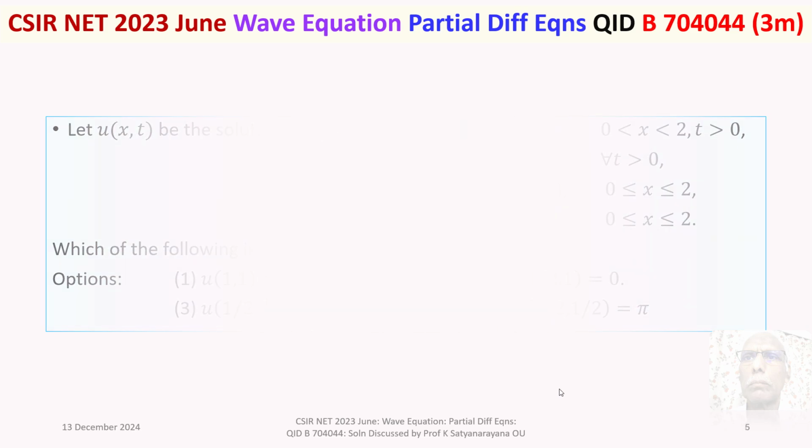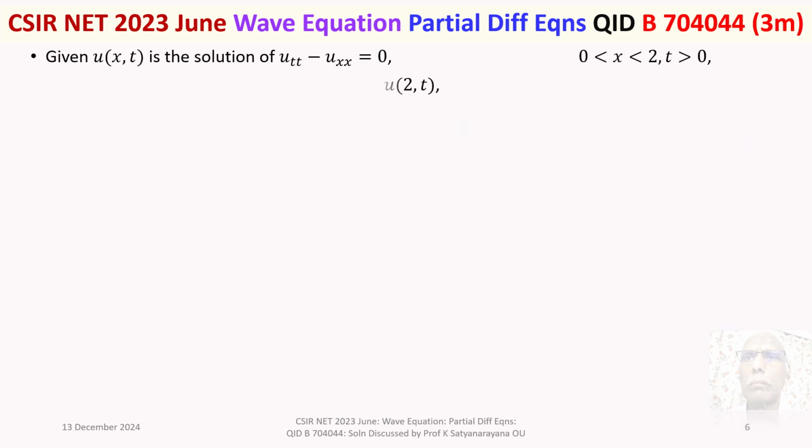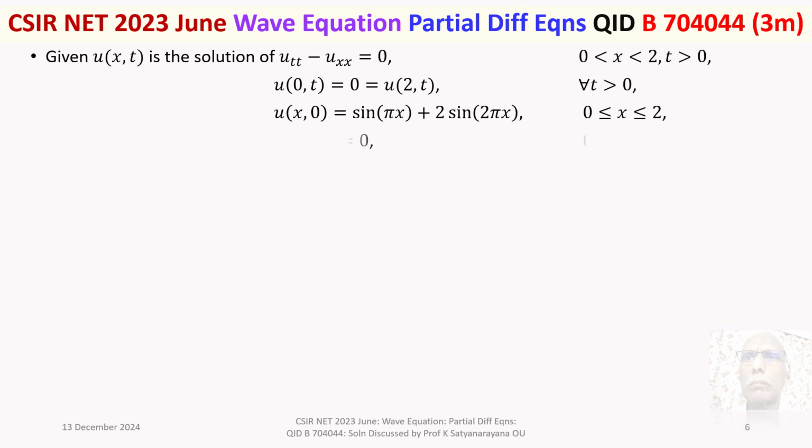Right. Let's now discuss the solution of the problem in detail. So we are given a second order partial differential equation, which is a one-dimensional wave equation, right? Given u function of x comma t is the solution of u_tt minus u_xx is equal to 0, which is a one-dimensional wave equation, 0 less than x less than 2, t greater than 0.